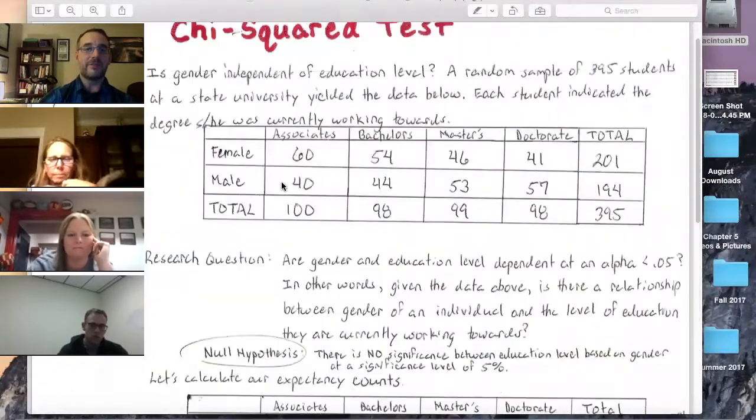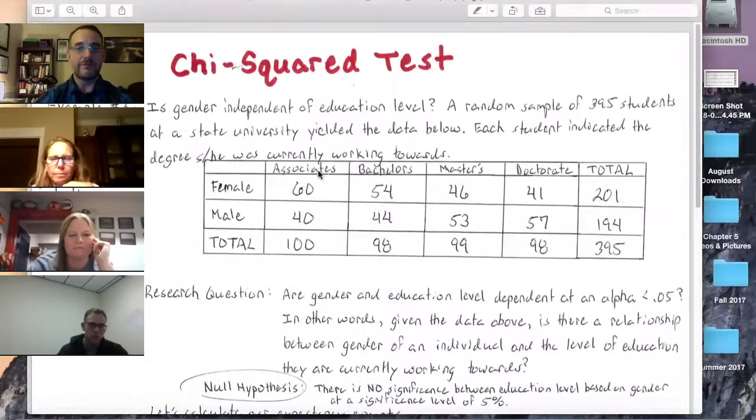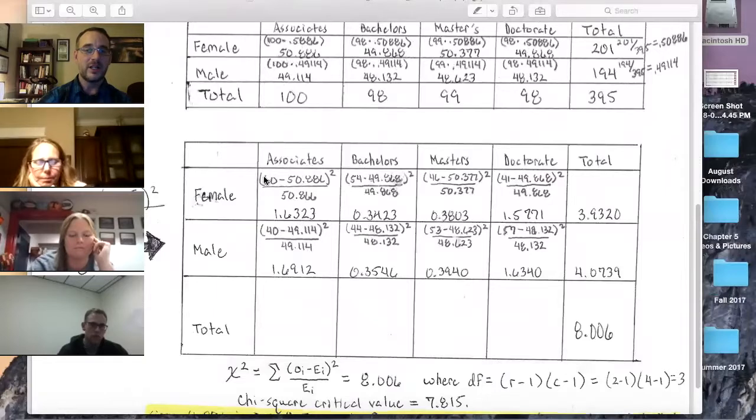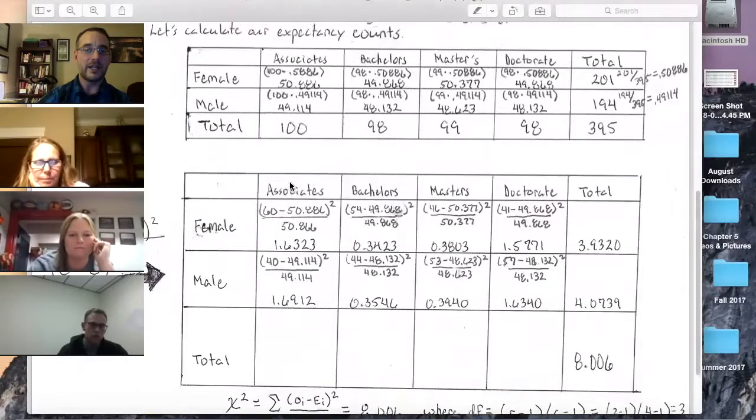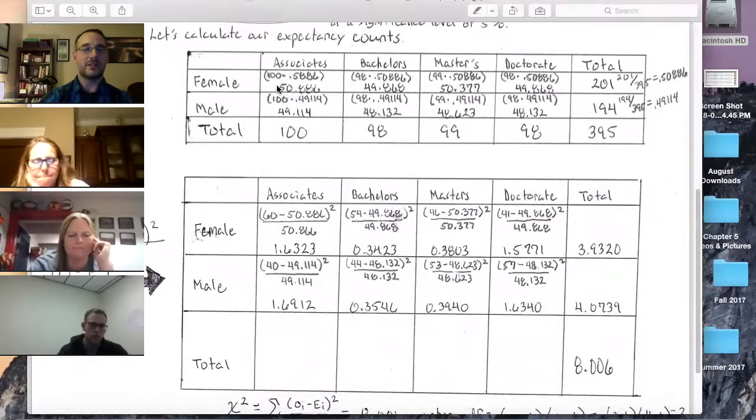So for our females, there were 60 working on their associates. So you see here, 60 minus our expected. What do we come up with for expected? 50.886. So 60 minus the 50.886, that value squared, divided by 50.886, and that should be 886.